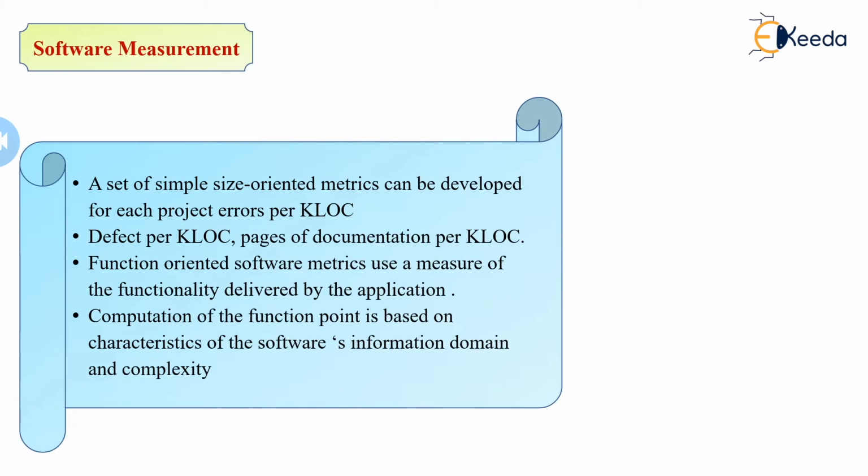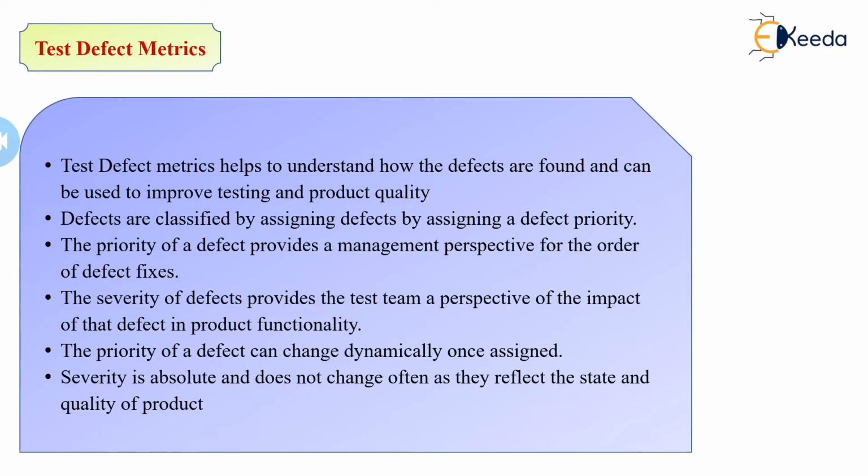We have computational function points, which are based on software features that have an information domain and a complexity. Now we are here for test defect metrics. Test defect metrics help you understand the defects that are found and can be used to improve your testing and product quality in future.